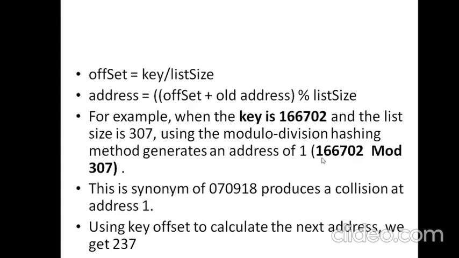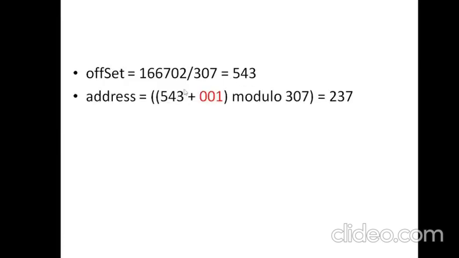How do we get it? 166702 is the key value used for calculating the offset, and then to calculate the address we add 543 to the collision address, which is 1, modulo division by 307, which produces 237, and we check at address 237 whether it's free.